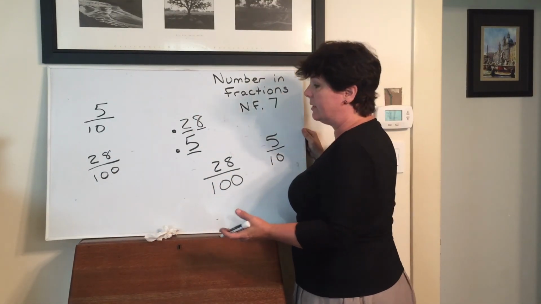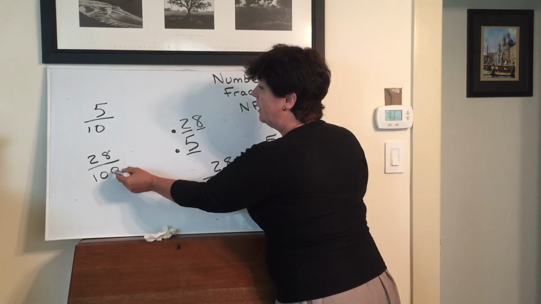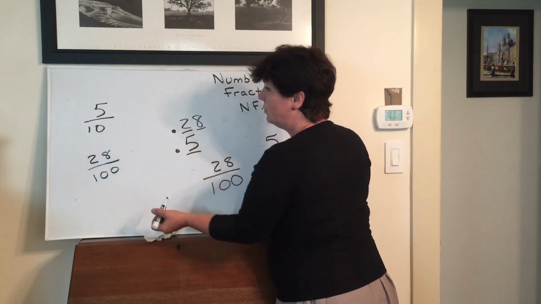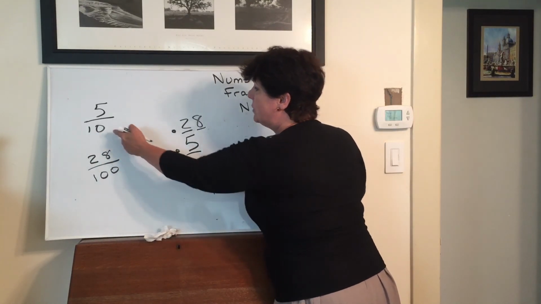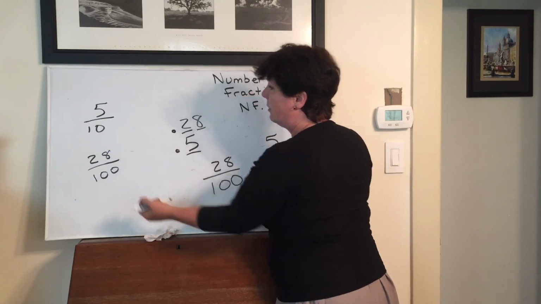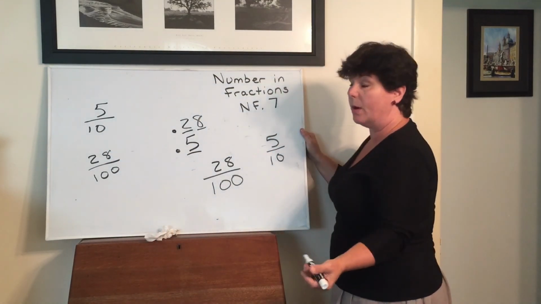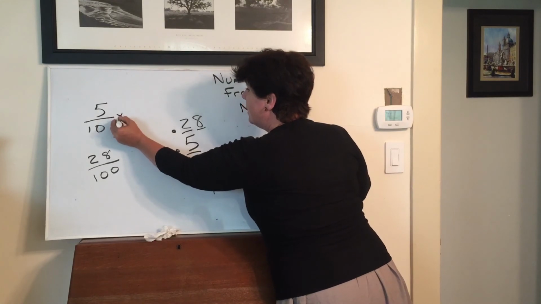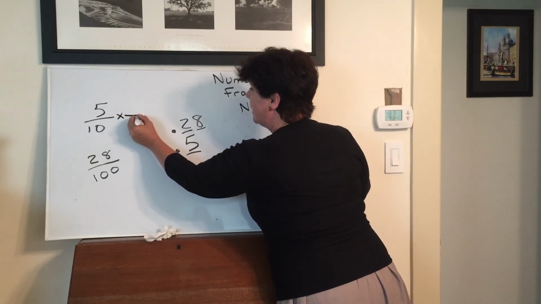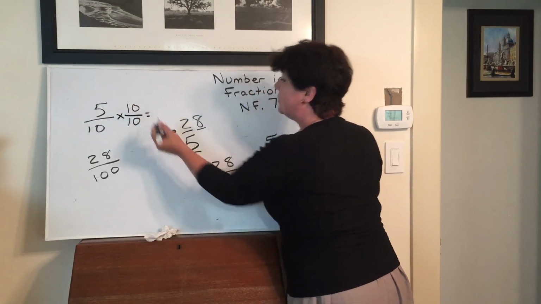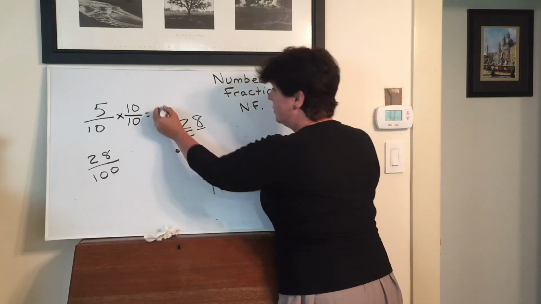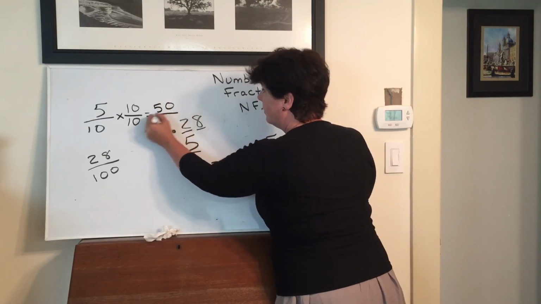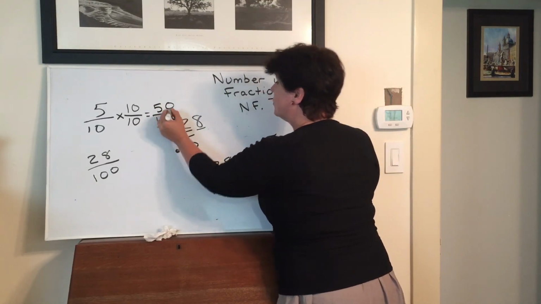And I would ask, well, how can I compare these two? Well, this one is 10 times less than that one. And I know from our previous work with fractions that if I cut this one up 10 times more, as long as whatever I do to the numerator, I also do to the denominator, then the equivalent fraction for this one is that.